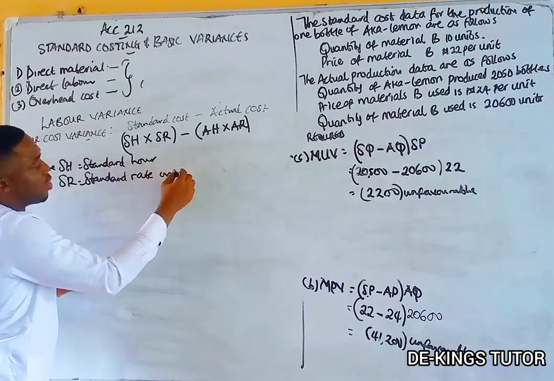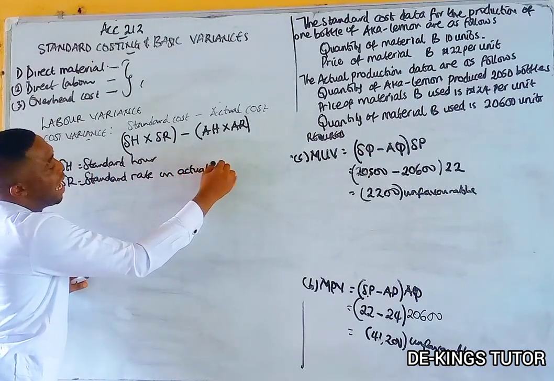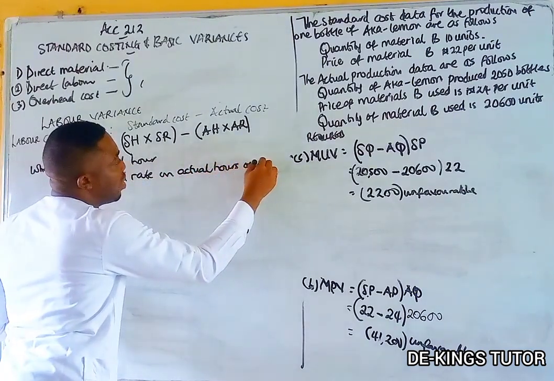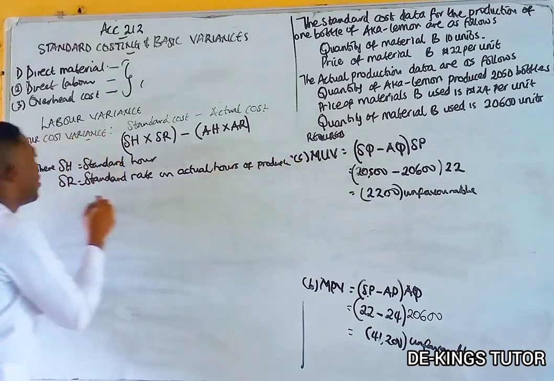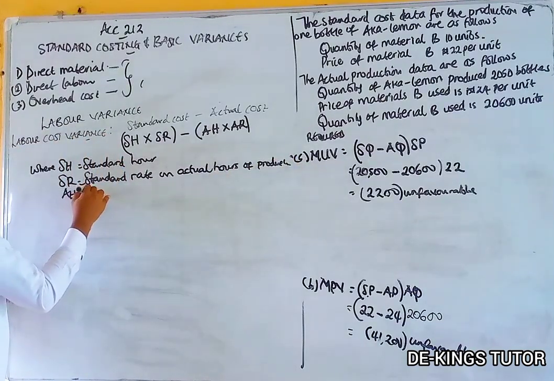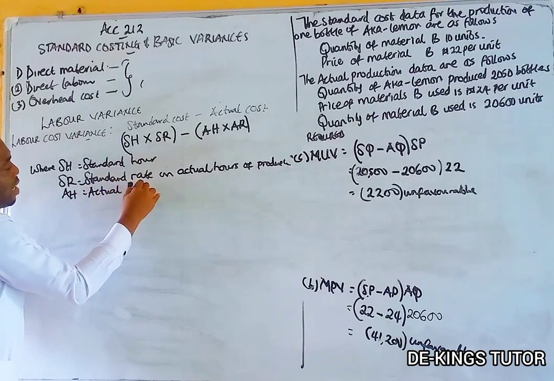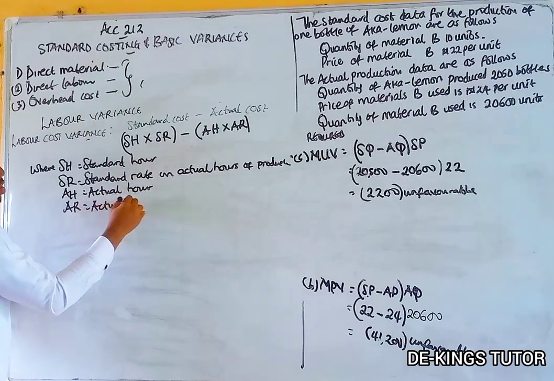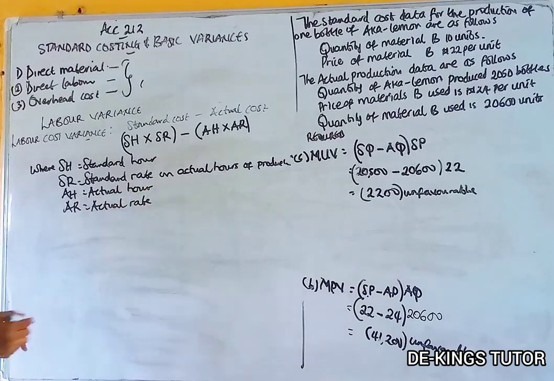So standard rate on actual hours of production. While AH is the actual hour and AR is the actual rate.